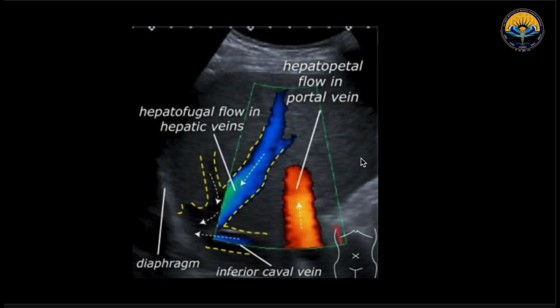Further, in the portal vein the blood flow is hepatopetal, whereas in the hepatic veins it's hepatofugal. Hepatopetal means it's going toward the liver. Hepatofugal means it's coming from the liver, so in hepatic veins it's hepatofugal.